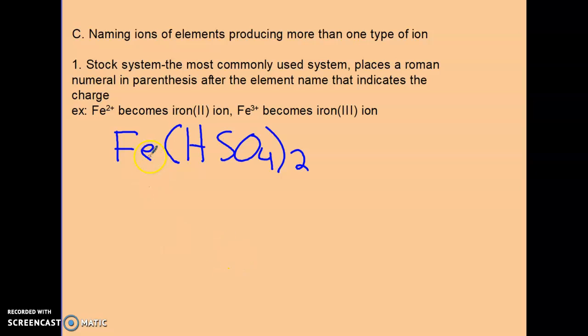This particular one, again, I know it's iron. I have to look up this ion. Well, I don't have to. I can tell by the formula if I work backwards. This is going to be iron with a 2+. Since there's no subscript here, this must just be a -1.